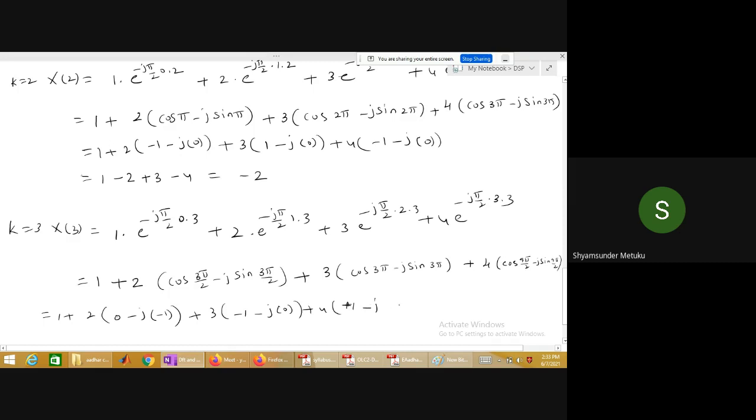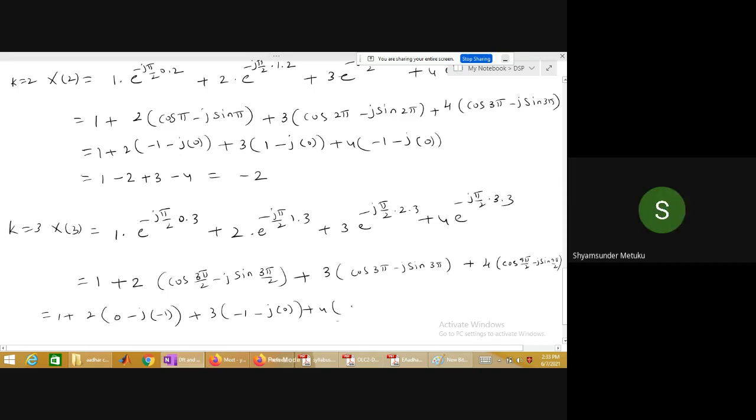What is sin 9 pi by 2? Take the first one as 0, the second one is plus 1. First one is 0. Yes, sir. Overall, tell me, the second is plus 1. Final, you tell me: 0 minus j of 1.